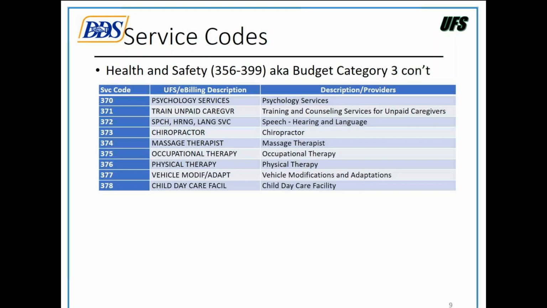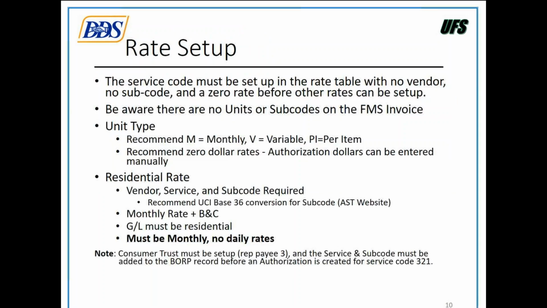These are pretty much most of your miscellaneous type services for the program. And there's one more slide that has the rest of them on there. So as you can see, we still have a lot of service codes available to distribute for SDP, as maybe additional things are determined there as needed.